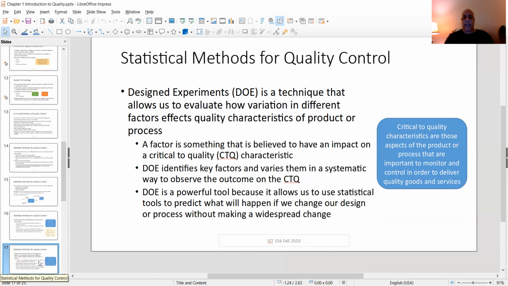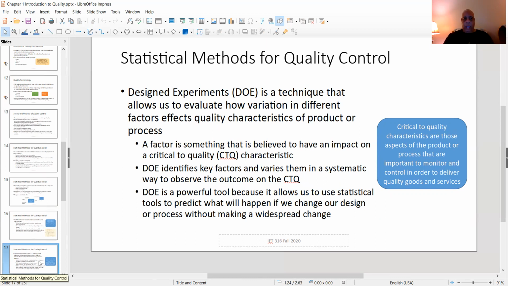A factor is something that is believed to have an impact on a critical to quality, here comes CTQ again, characteristic. Again, critical to quality characteristics are those aspects of the product or process that are important to monitor and control in order to deliver quality goods and services.